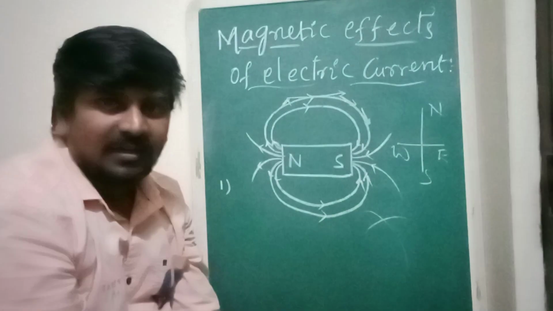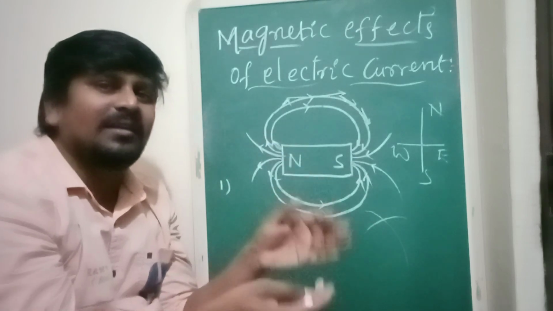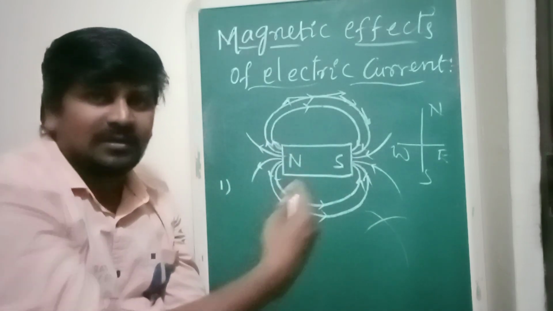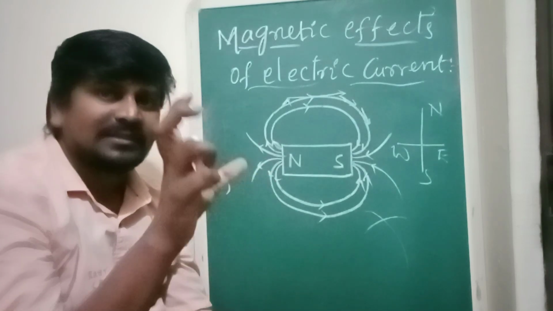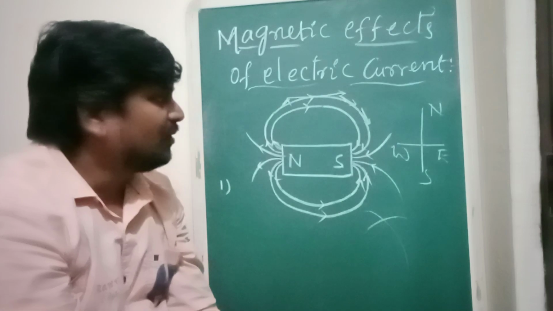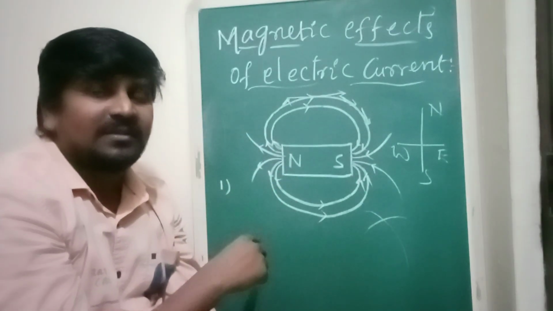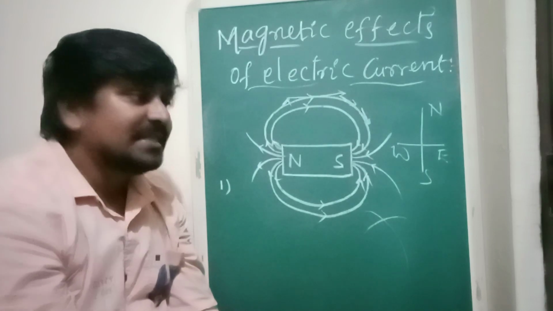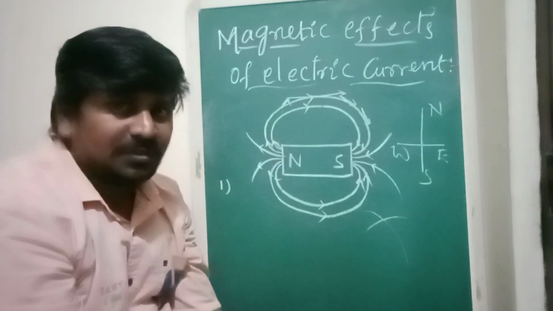So clear? Once again, I'm repeating the points. The overall points are the same; the order may change, up and down. It's fine, no problem. Just try to note down all the points. Point number 1: magnetic field line starts from north and reaches to the south. Second point: magnetic field lines are always closed loops.